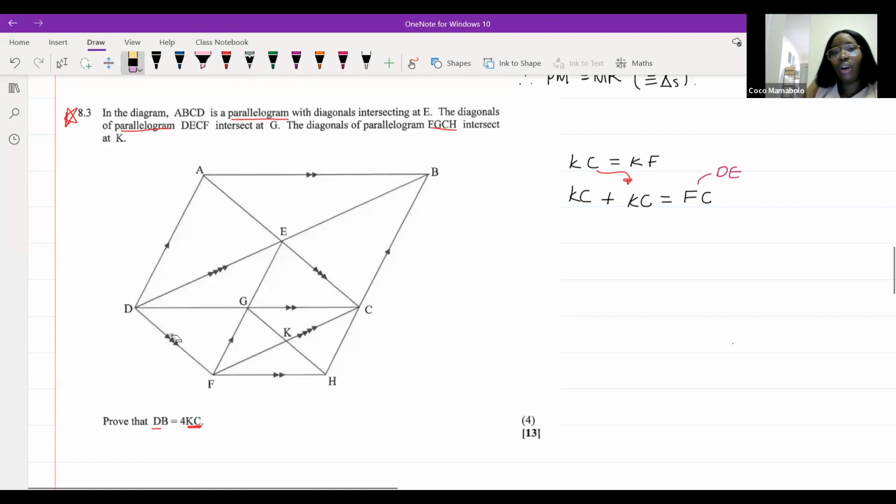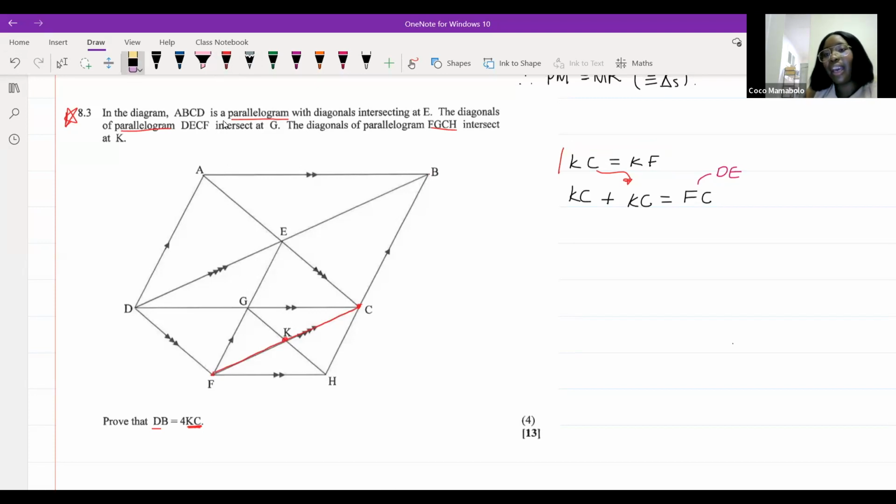Now, I know, because this is a parallelogram, that KC is equal to, which other side is also the same size as KC? KF, ma'am. Good. We know that KC is equal to KF, right? That we know for a fact. Do you see how ma'am has written that over here? Are you with me? Good.